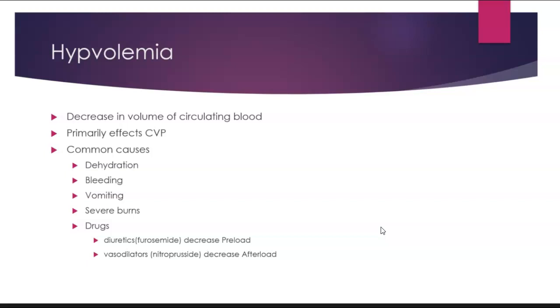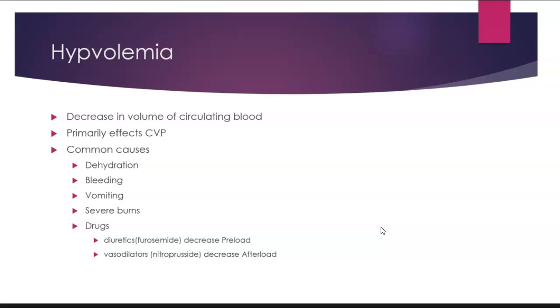Diuretics work to decrease your preload. So it decreases the amount of volume that's coming back to the right atrium, because you're peeing out more of your volume. Vasodilators, as I mentioned before, remember I said there's one drug you need to know for the test: the vasodilator nitroprusside, talked about in the case study at the end of the chapter.